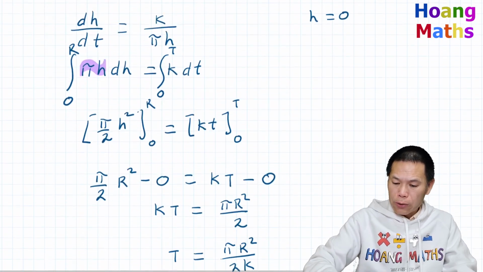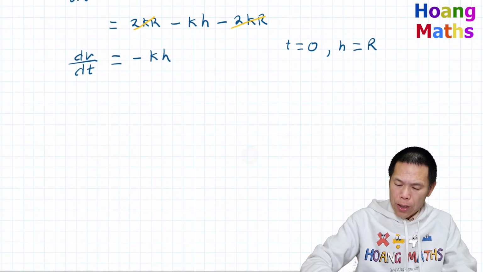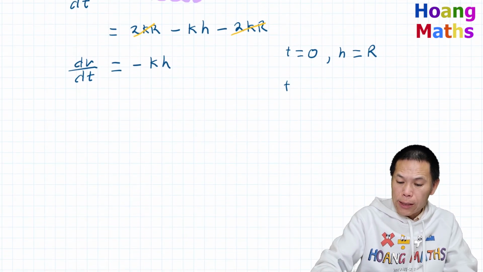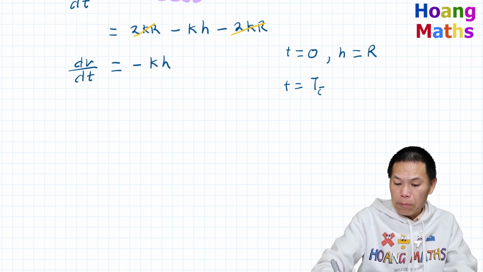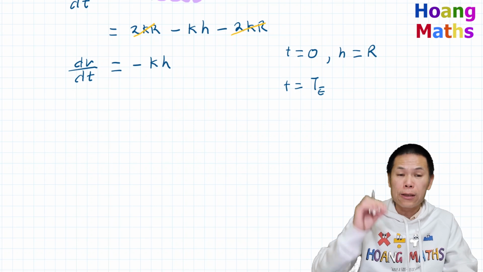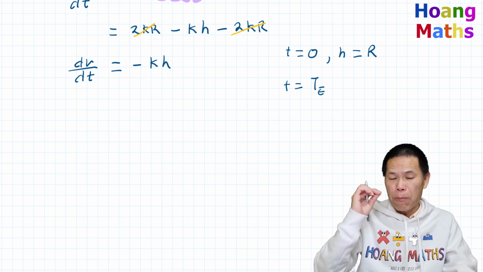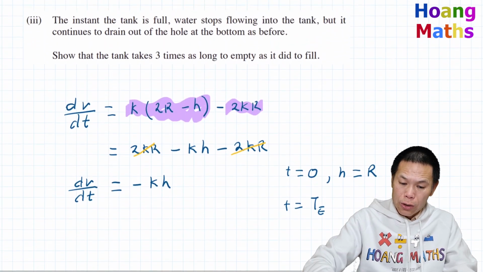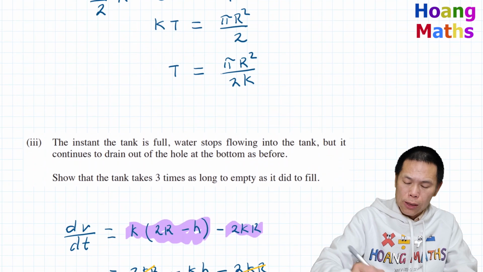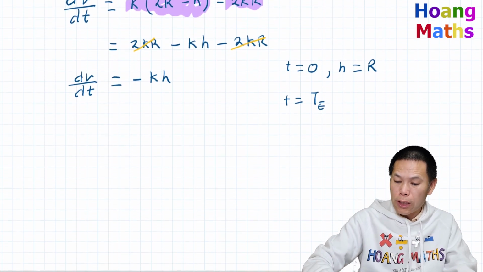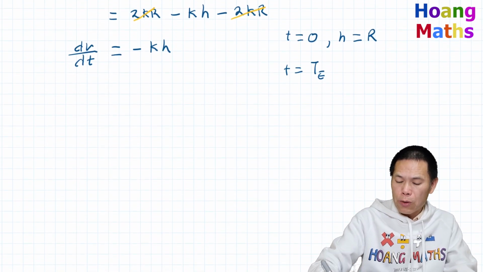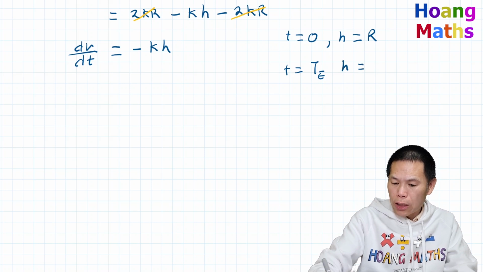Let me just write this down. That is when t is equal to capital T, let's say TE, meaning T for empty, at the time when the tank is empty. We already used capital T here, so we use TE for when the tank is empty. So h is equal to 0.